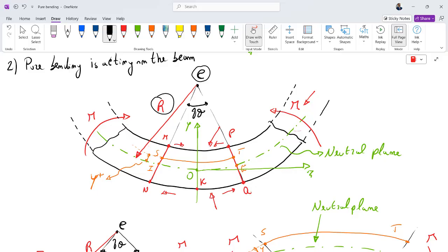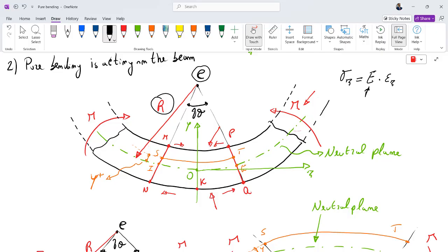The second assumption is that the material of which the beam is made is linearly elastic, which means that the material obeys Hooke's law. So we have in this case sigma z is equal to E times epsilon z, where E is the Young's modulus. So this is Hooke's law.